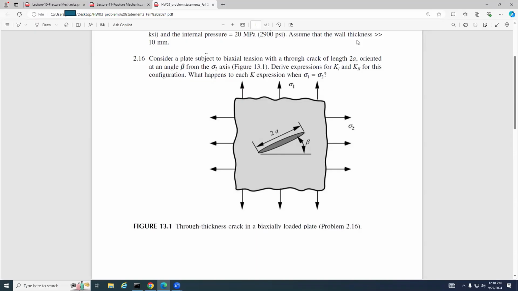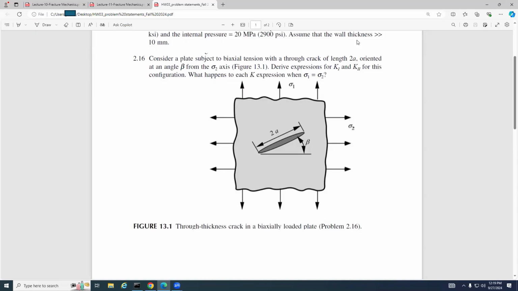That's a good question. Yeah, you can use that one, okay? What I want you to find is when sigma 1 equals sigma 2. When sigma 1 equals sigma 2, these two cancel each other. You have a sense?